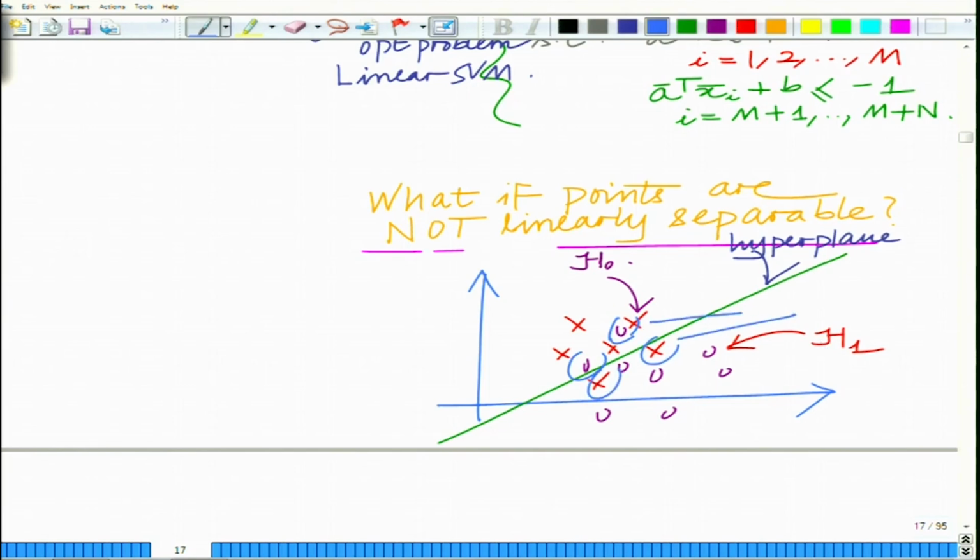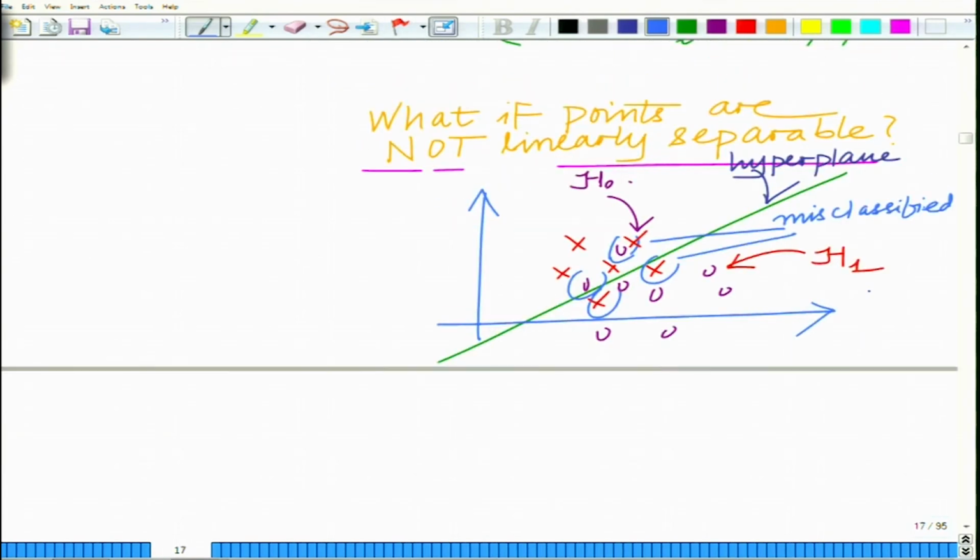So, these are your misclassified points, and these can also arise due to the following. This is a very important point, this can also arise due to noisy data.